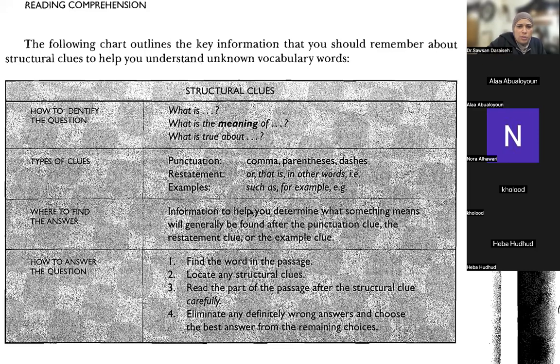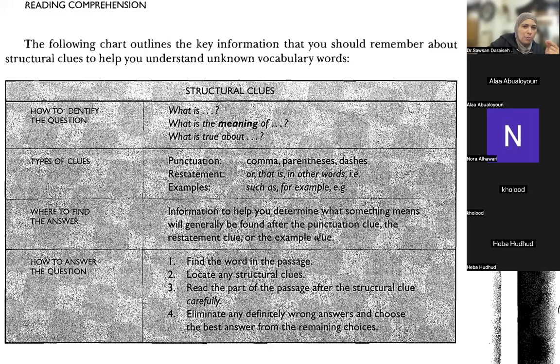Simply, guys, information to help you determine what something means will generally be found after the punctuation clue, or after the word itself, or in punctuation clues. Restatement clues, as we said, explain again.